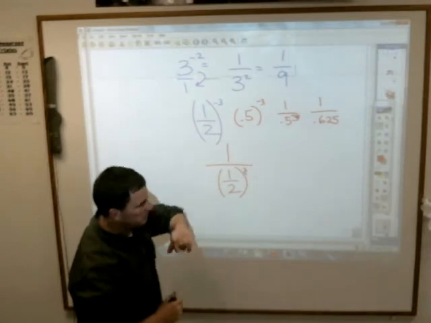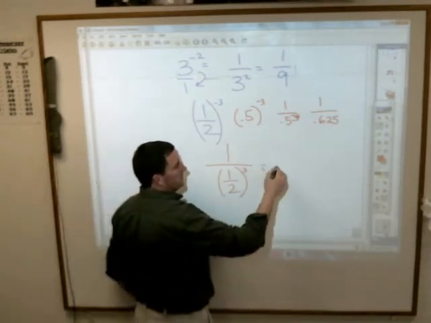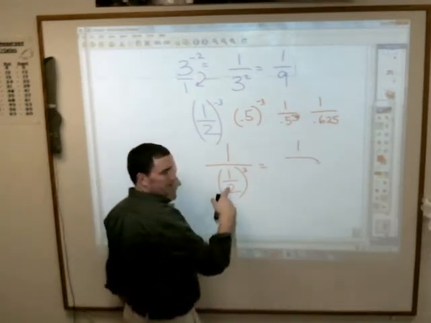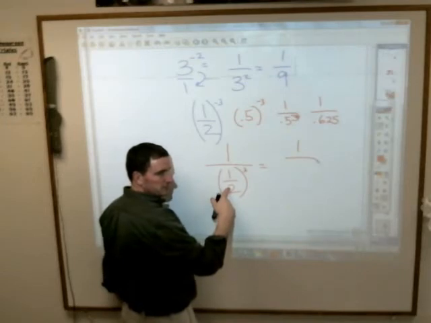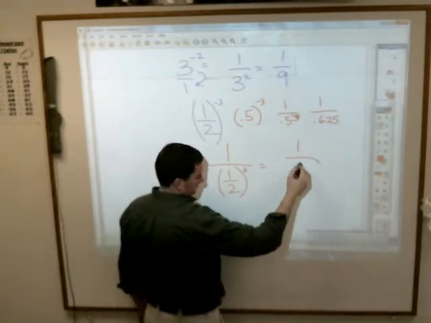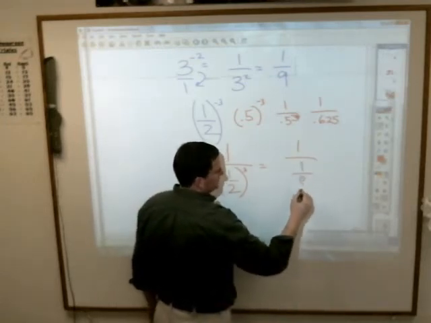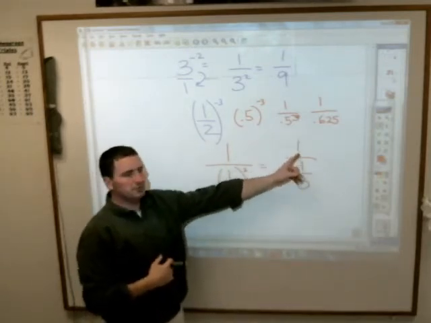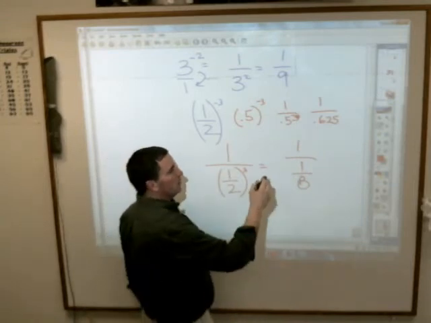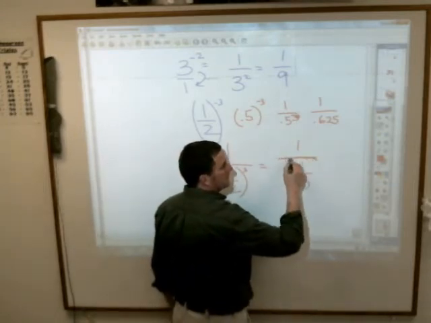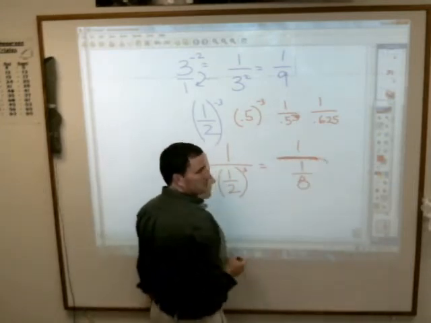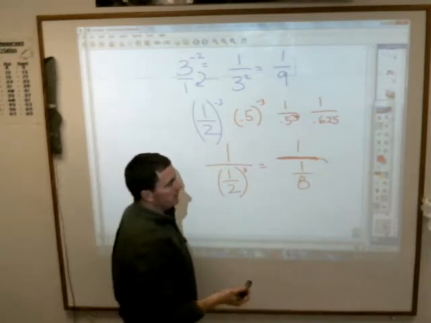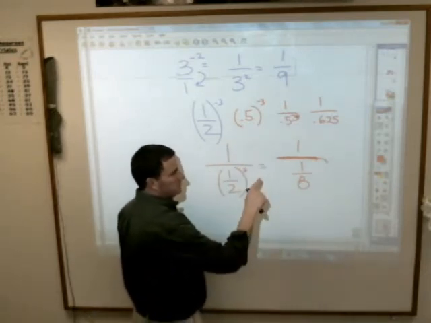Now that's going to confuse you a little bit, but it's not that bad. Watch. Which equals 1 over, what's 1/2 times 1/2 times 1/2? 1/8. Okay, now, how do I go about simplifying this? 1 over 1/8. Well, let's change it into a division problem.